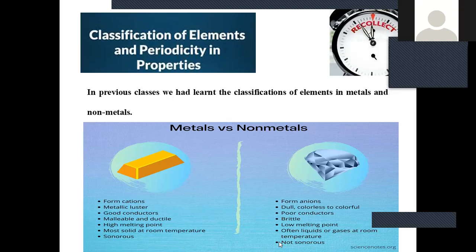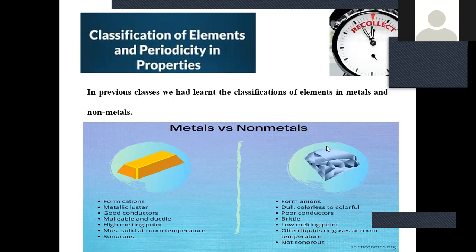Non-metals are often liquids or gases at room temperature. In the case of non-metals, they may be liquids or gaseous in nature. Chlorine is a gas. Fluorine is also a gas. Hydrogen is also a gas. Bromine is the liquid non-metal. One and only one liquid non-metal is bromine itself. Mostly non-metals are gases, and even solids are available.